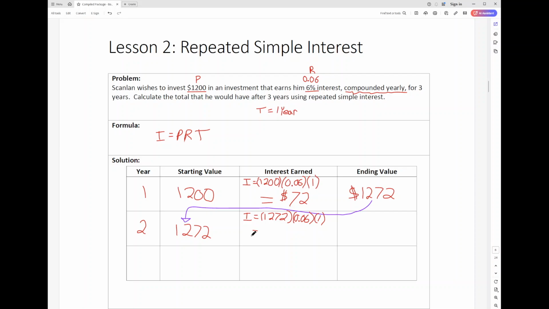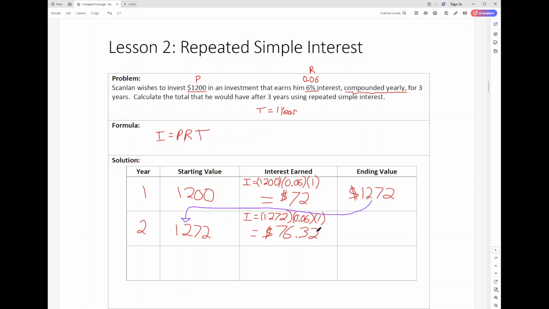And in this case, we get a little bit more because our principal, our starting amount, is a bit more. So $76.32.